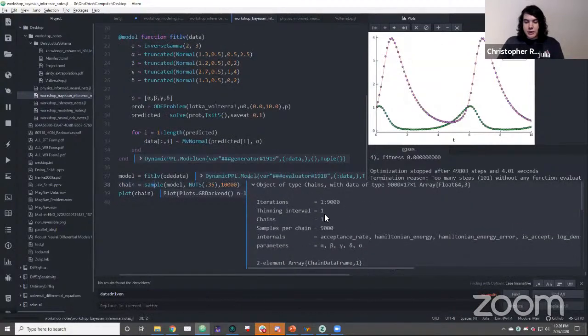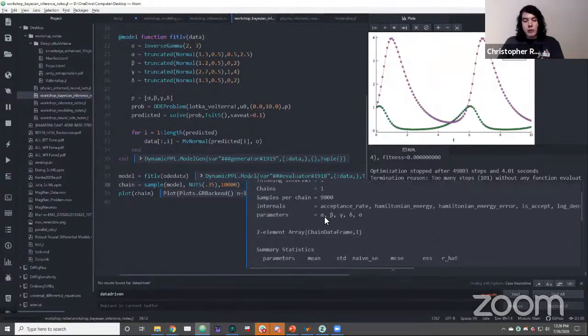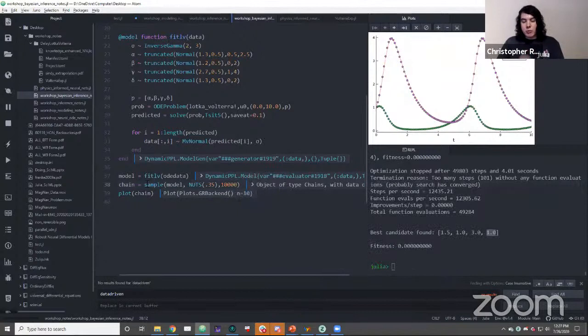A chain object is a bunch of different parameter choices. The way these chains work is that you have a higher chance of going towards parameters that have a higher likelihood, a better fit with your data. Over time, if you run this chain for long enough, it will give you a probabilistic representation of your possible parameters.